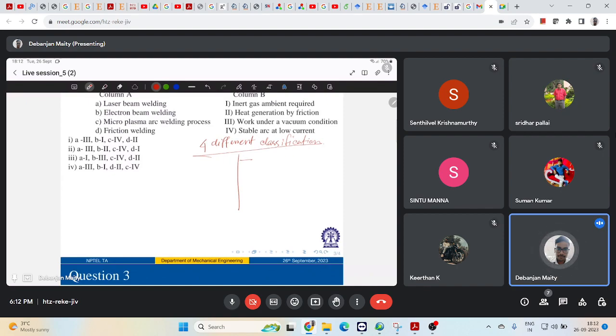You have fusion welding, like in macro joining, and the basic mechanisms are similar. You have solid state, soldering or brazing, and you can also have adhesive bonding.